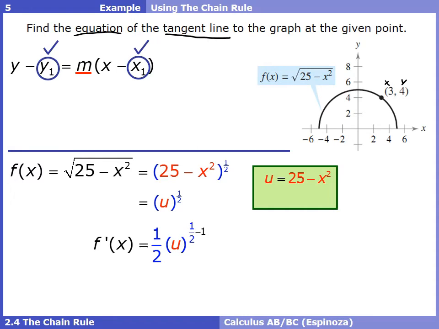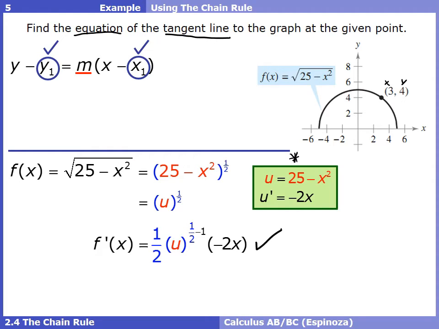And if you don't make the common mistake, which is to forget about multiplying by u prime, you'll need to come over to our u box again, which I want to point out with a star. We need to find u prime. If I take the derivative of u, which is 25 minus x squared, we'll get negative 2x, which is what we need to multiply to finalize that process.